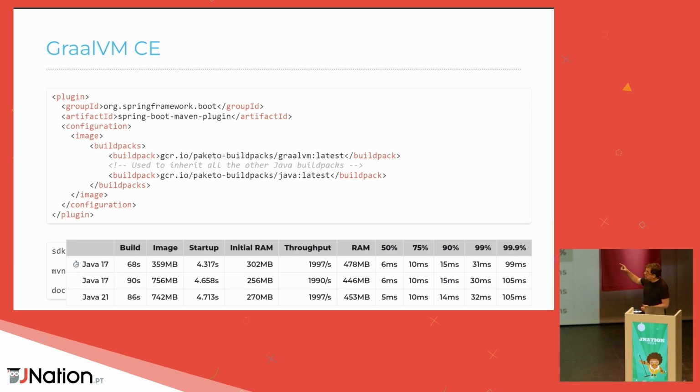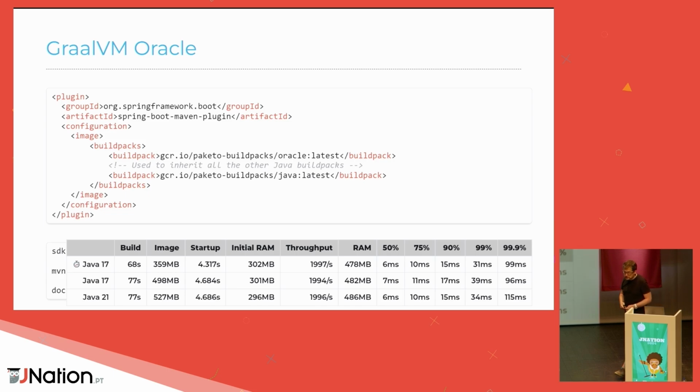And CE means Community Edition, because Oracle has a version which is way better, which all the other vendors like Red Hat and also BellSoft and so on can't get, because that's proprietary software. And they also have a special licensing. That means you can deploy your application to the cloud, but if you sell it within a product, you're not allowed to.